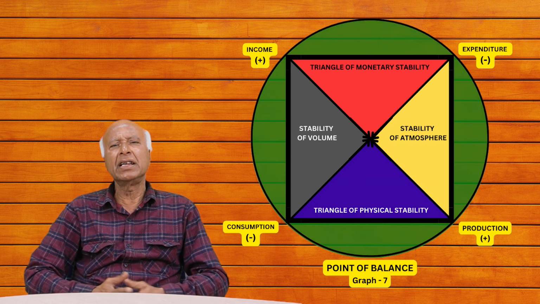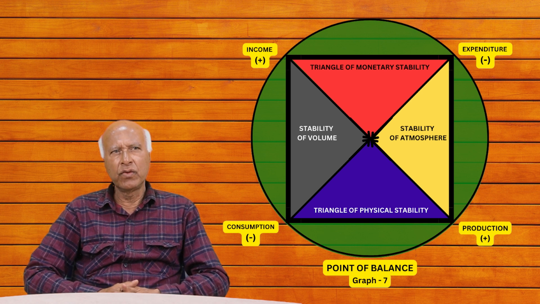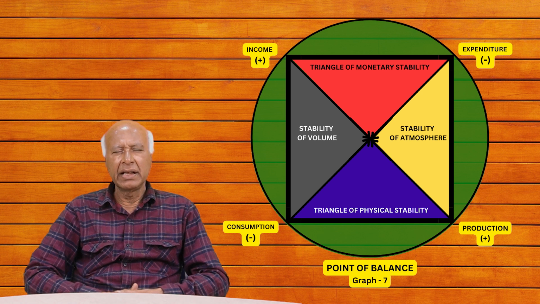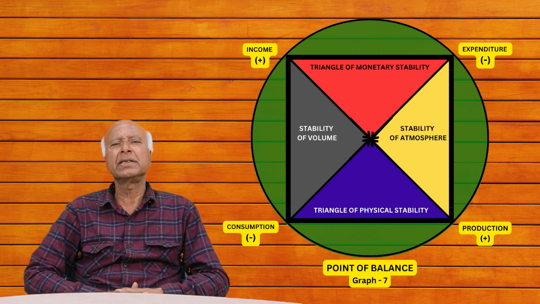So this is the illustration of four triangles: stability of demand volume, physical stability, and stability of the supply atmosphere, and the fourth triangle will demonstrate the stability of monetary equivalent, expressed in terms of income and expenditure.